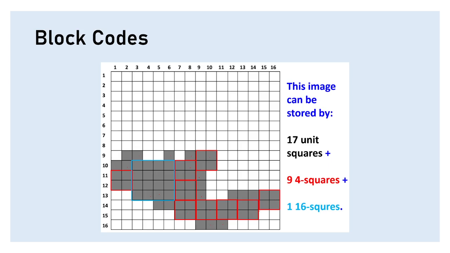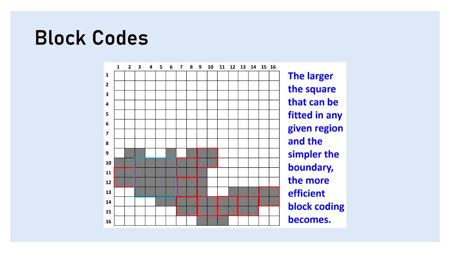So whenever you're doing the block coding, the first thing that you have to bear in mind is that you have to try to first draw the biggest block, and then you will decrease the block size, and finally you will reach the single unit cell size. So the larger the square that can be fitted in any given region and the simpler the boundary, the more efficient block coding becomes.